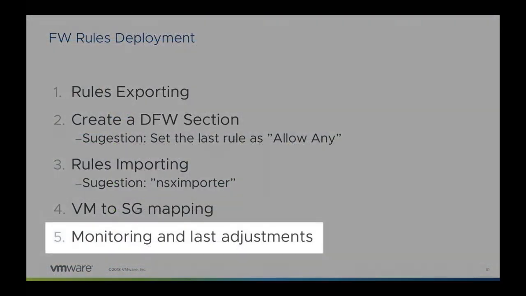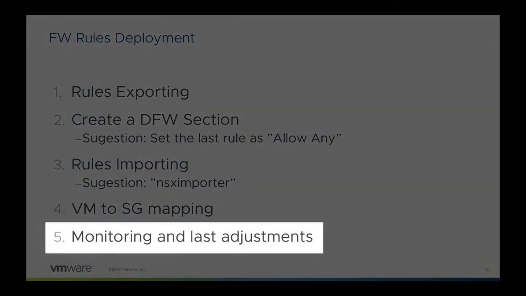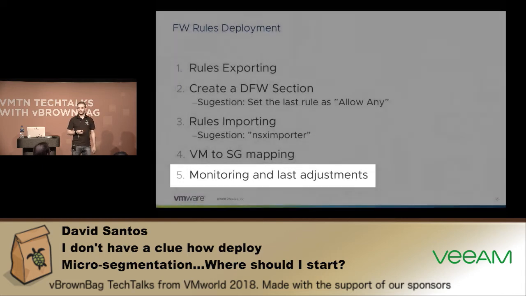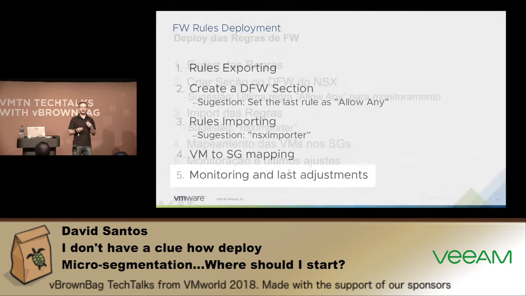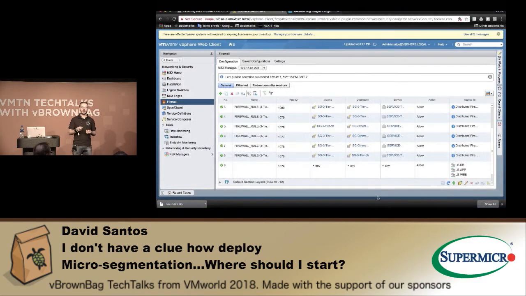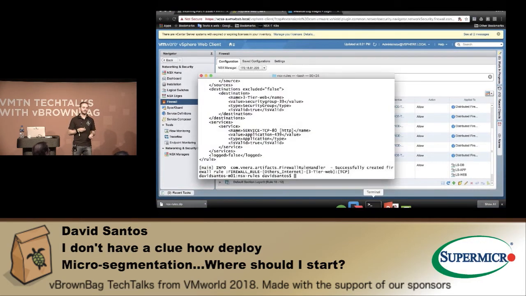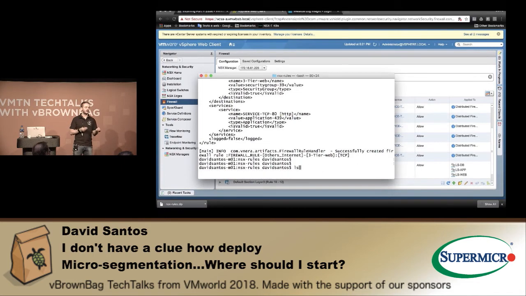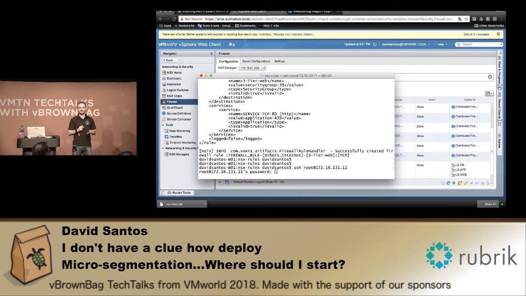And in the last part now, we are going to monitor what is happening and make the last adjustments. We're going to generate some traffic to the VMs, like SSH traffic and ping, and check what's happening in the firewall rules, look at Log Insight, and make the necessary changes. Here I'm doing an SSH to the web tier.